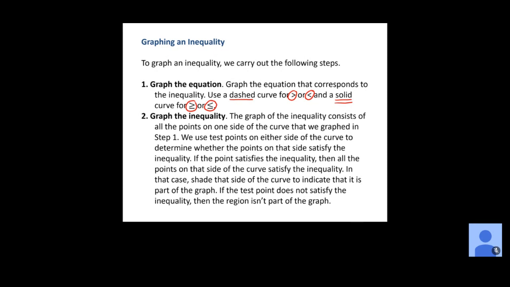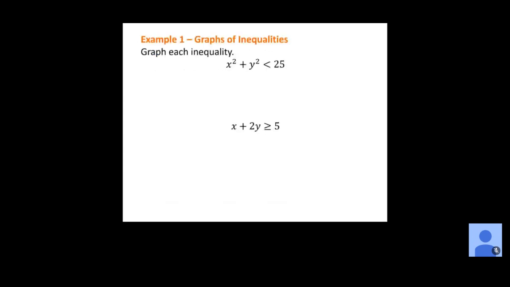If we get a false statement, right, and the inequality is no longer true, then we would just shade everything away from that point that we plugged in instead. We're going to go through the steps and actually do one of these, but those are kind of the two key things. Dashed if it's greater than or less than, solid if it's greater than or equal to or less than or equal to, and then we have to make sure we shade our graph, and we can just choose a test point to figure out which way we're going to shade.